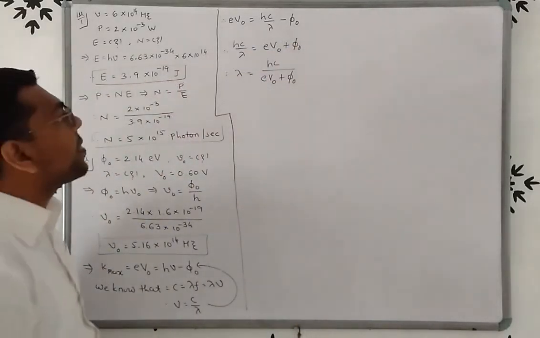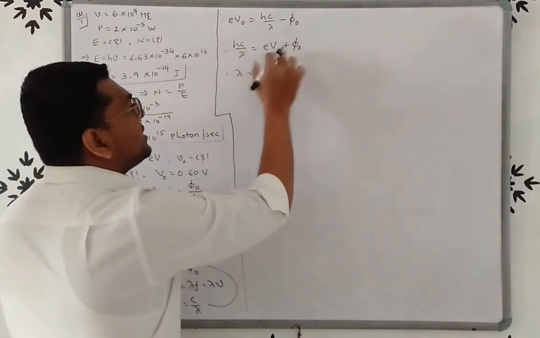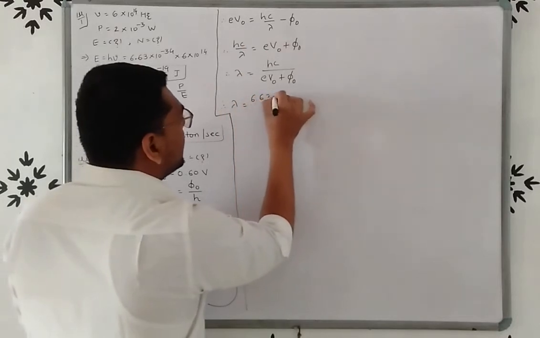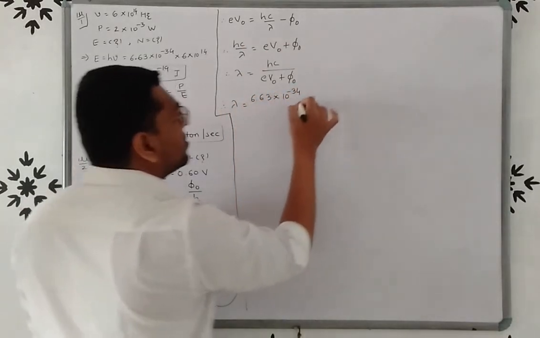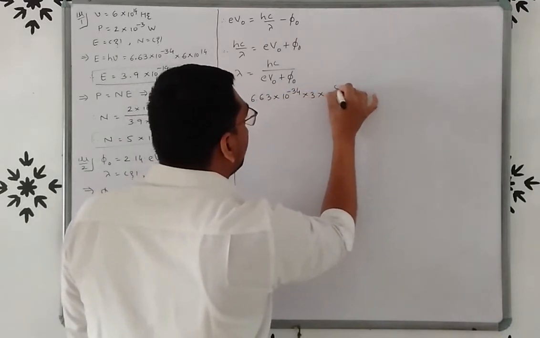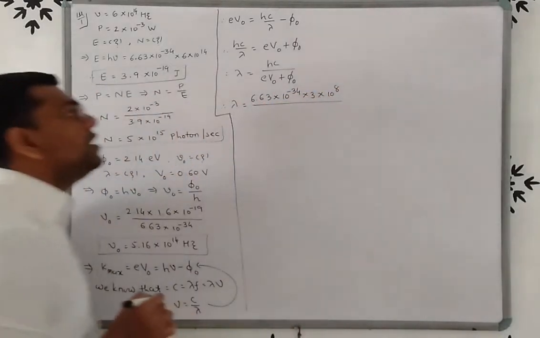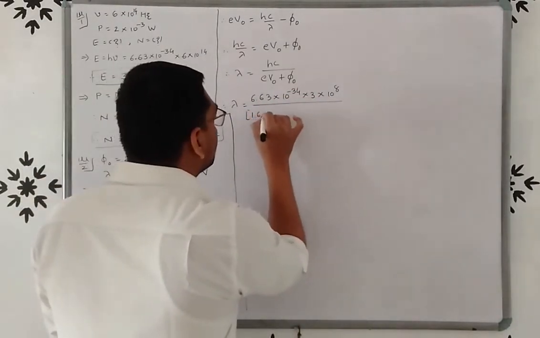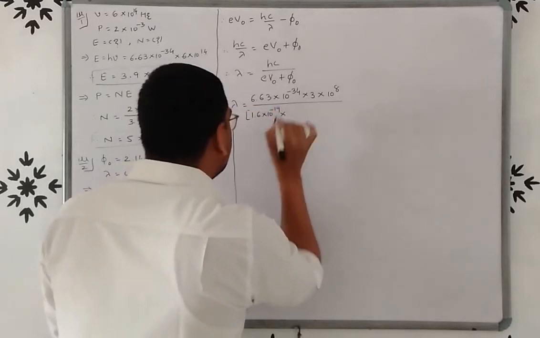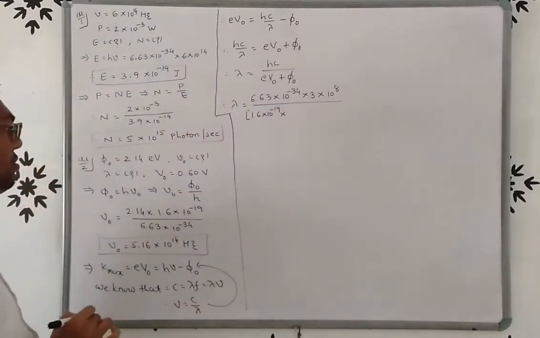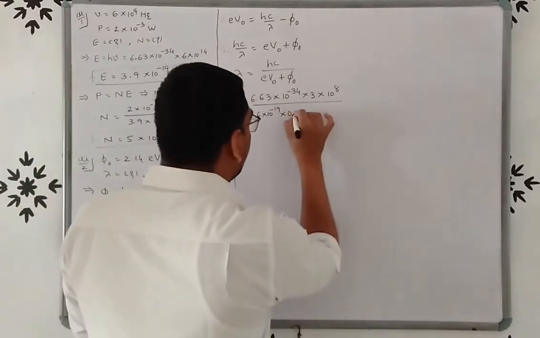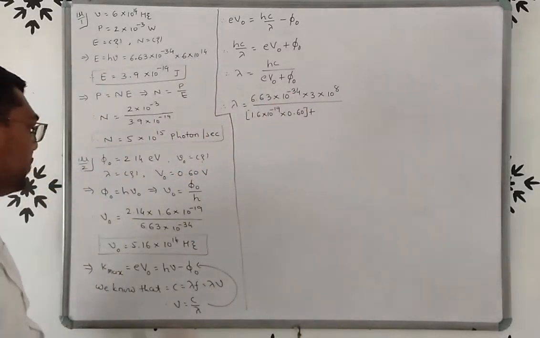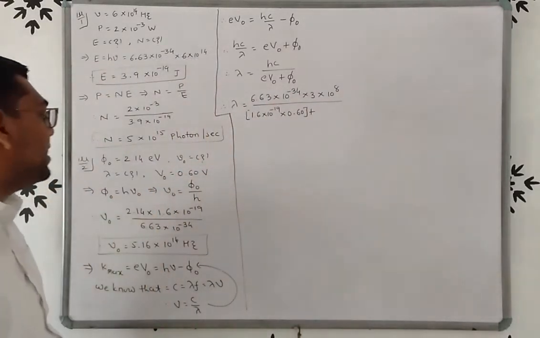So lambda is equal to the value of h, 6.63 into 10 raised to minus 34, C is 3 into 10 raised to 8, upon eV0, value of e, that is charge, right? So 1.6 into 10 raised to minus 19, V0 is 0.60, plus the value of work function, but here work function is in electron volt, we have to convert it into joule.